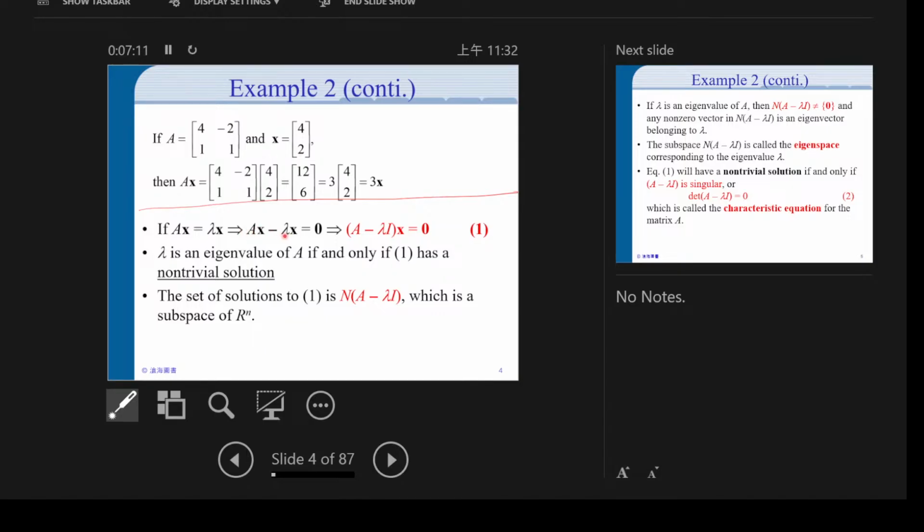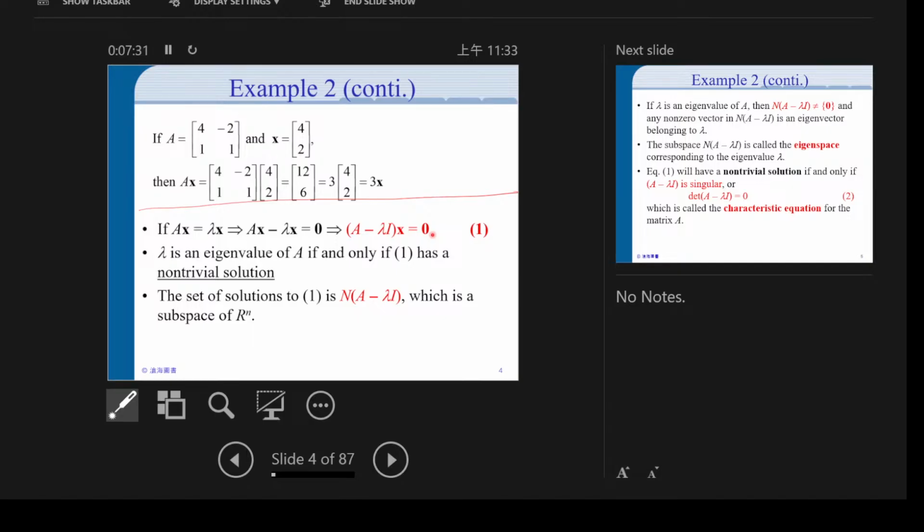You have Ax minus lambda x equal to 0, and lambda x is lambda times identity times x. So we can write A minus lambda times the identity, this combined matrix, times x equal to 0.